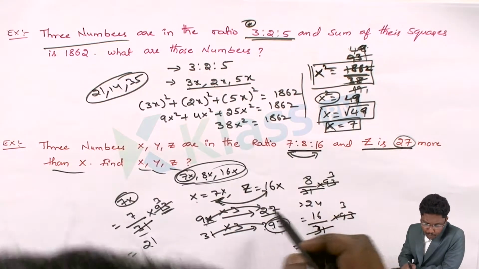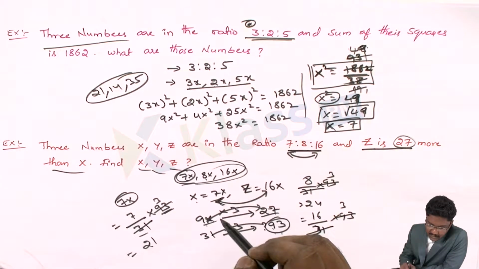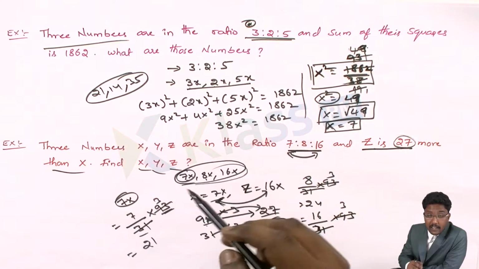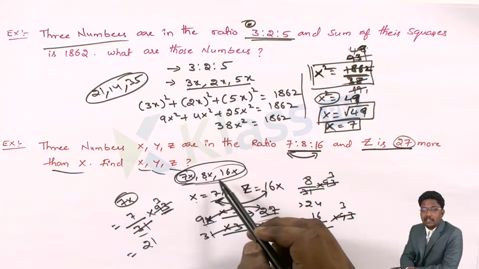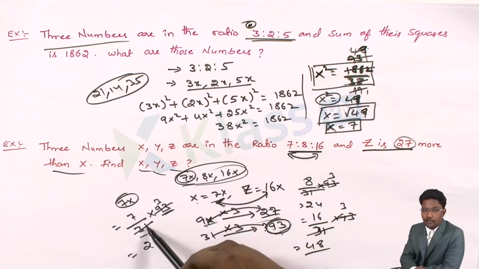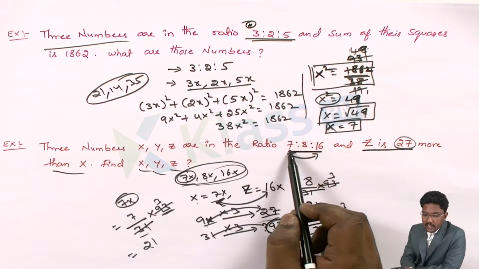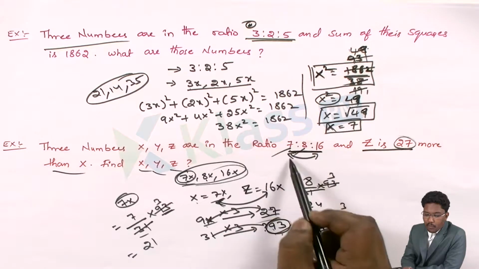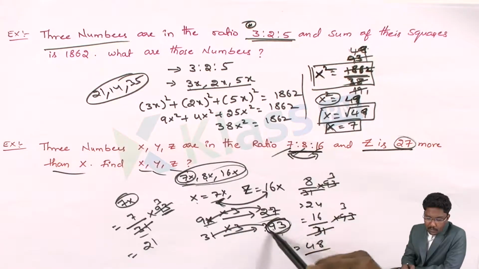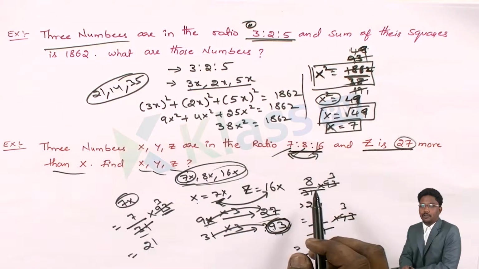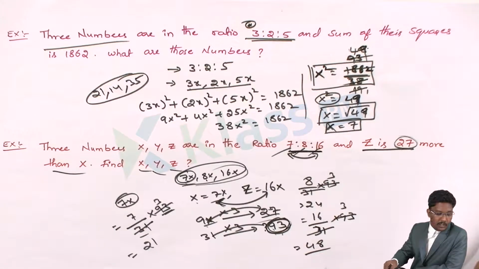Okay. So we are dividing this 93 between x, y, z in the ratio 7:8:16. Okay. So this is the total x share, y share, z share. When compared with 93, we are getting the values. Okay. Let us move to the next question.